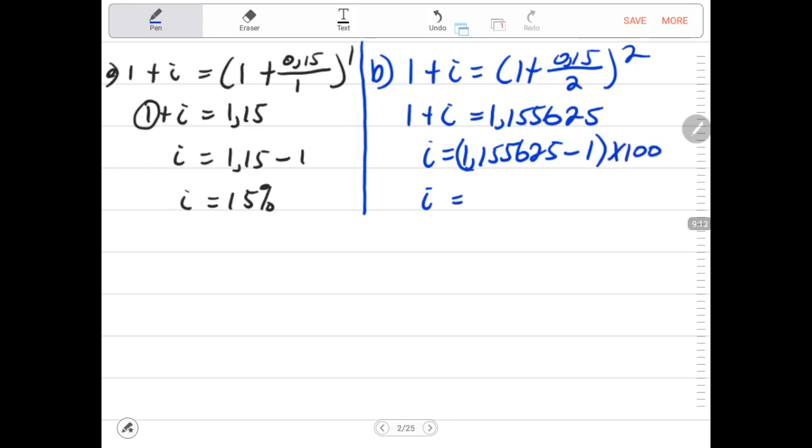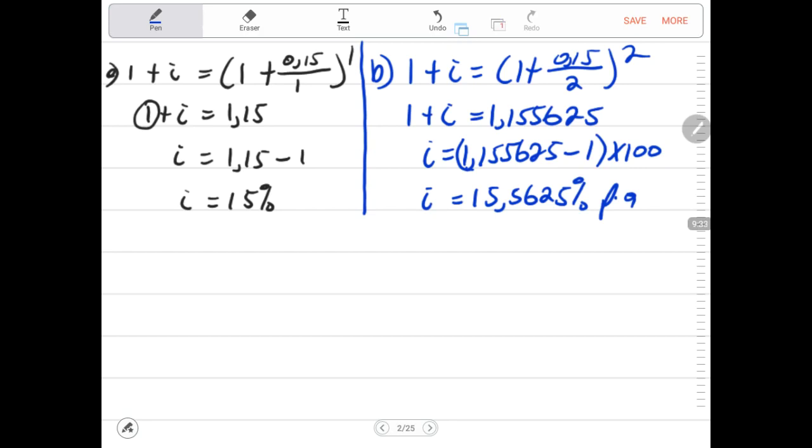So that after you have multiplied by 100, your answer is 15.5625%. So now this is your effective rate of interest that is accurate.